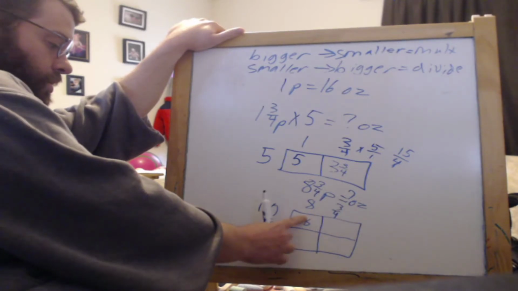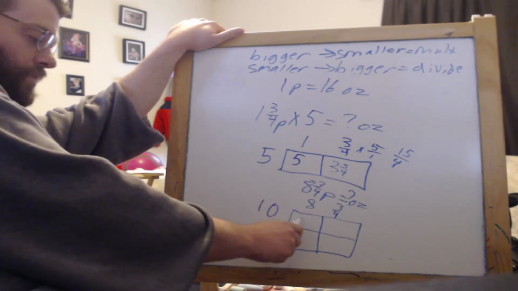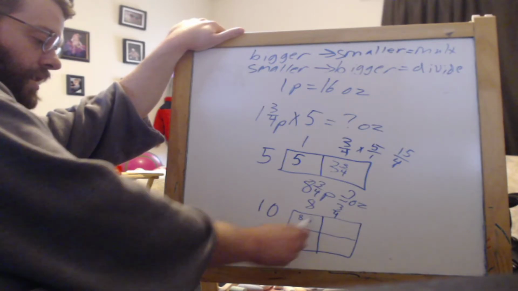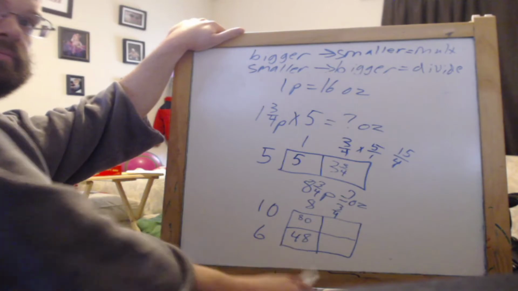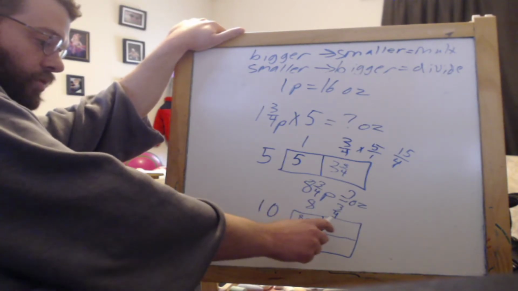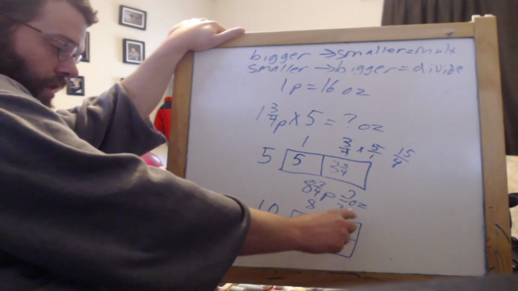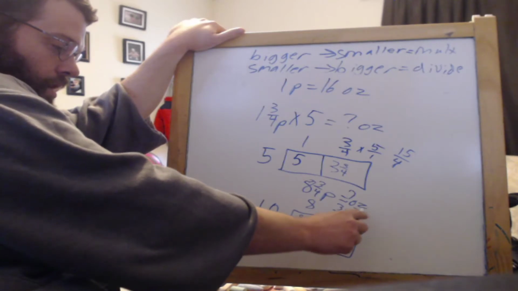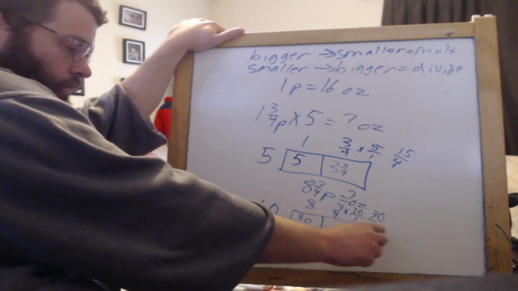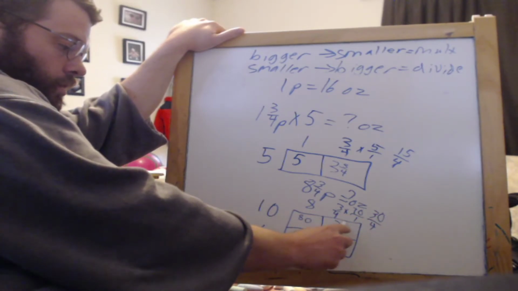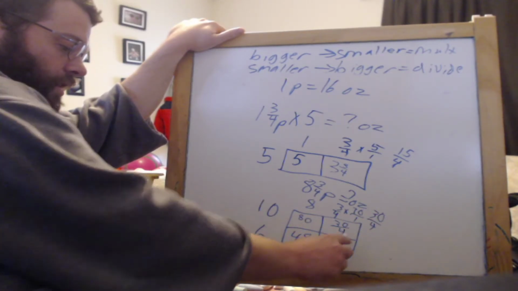8 3/4 times 16. So 10 times 8 is 80. 8 times 6 is 48. Okay, 10 times 3/4, let's see what that is, times 10 over 1 is 30 over 4. We can convert that in a second.